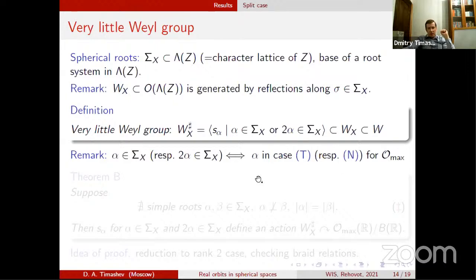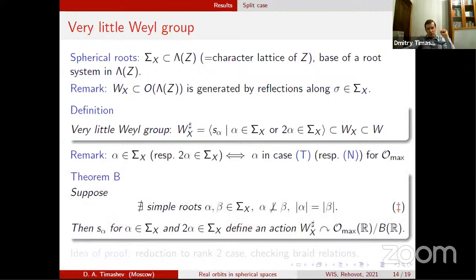So the theorem which we have for this very little Weyl group is the following one. Suppose our homogeneous space satisfies another restriction, double dagger.